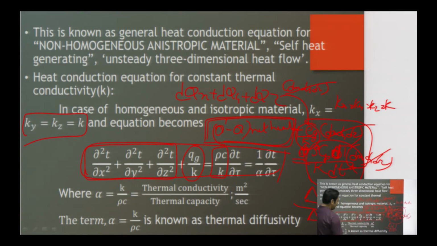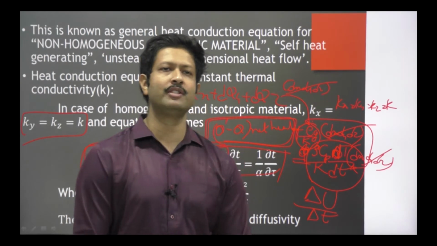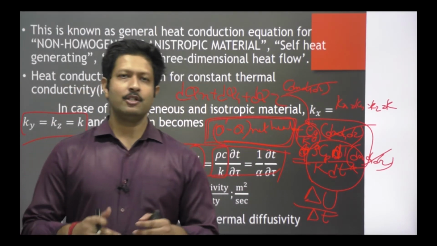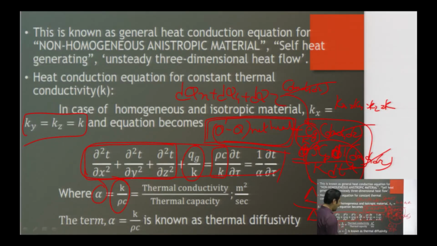We all know that k by rho cp is alpha, and alpha is thermal diffusivity. Thermal diffusivity has a unit of meter squared per second, and it is the ratio of the thermal conductivity of a material divided by its thermal capacity.